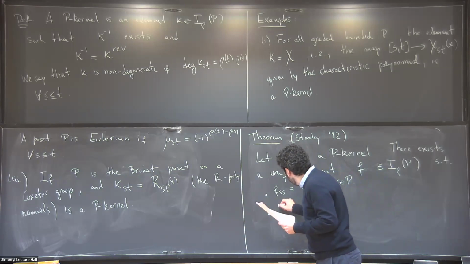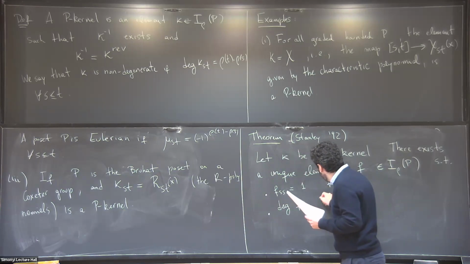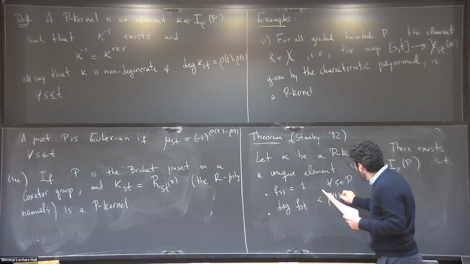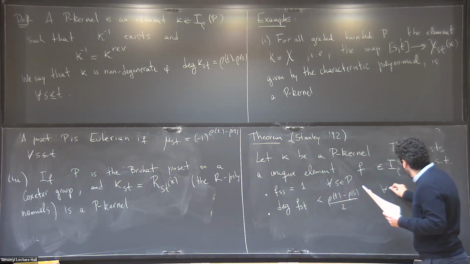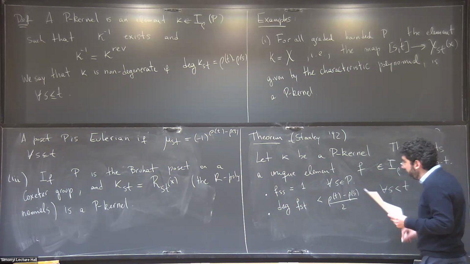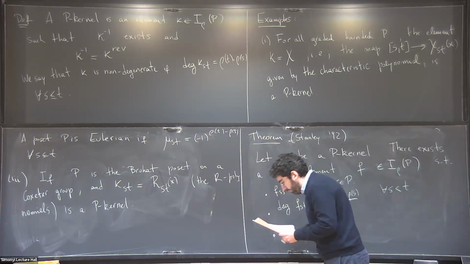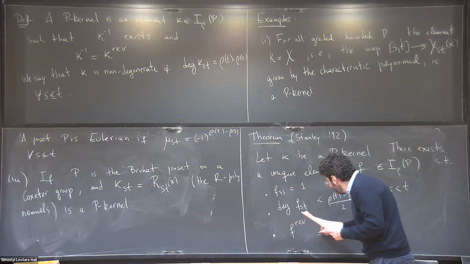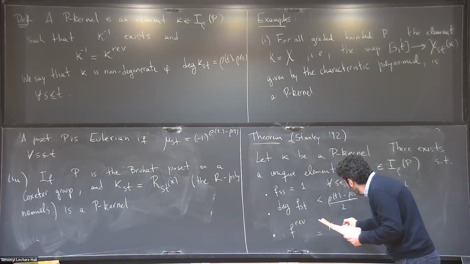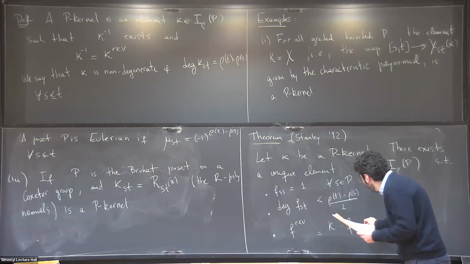The second condition is that the degree of f_ST is at most (rho of T minus rho of S) over two, for all S smaller than T. And finally, that reversing f is the same thing as multiplying kappa with f.